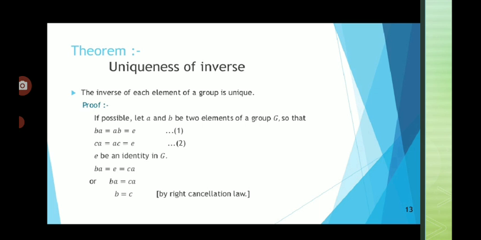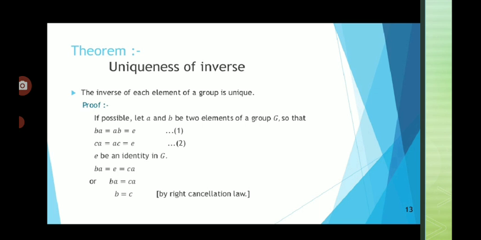From equations 1 and 2, BA equals E equals CA. Then BA equals CA. By using the right cancellation law, B equals C.